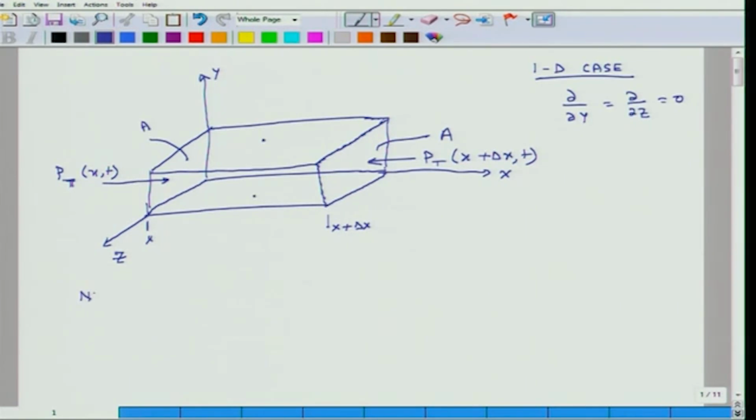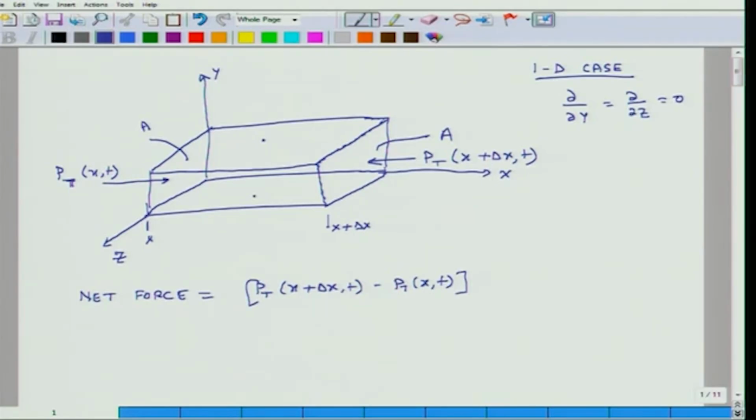So net force equals Pt at x plus delta x minus Pt at position x.